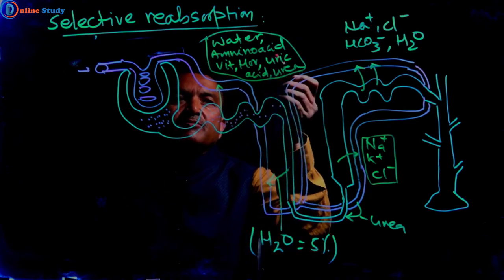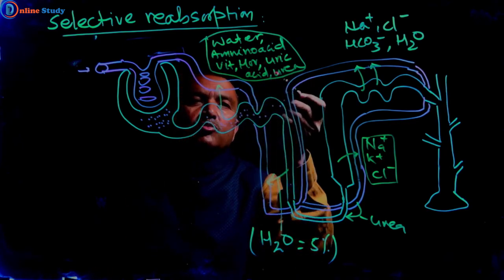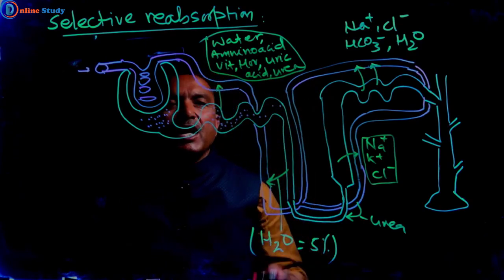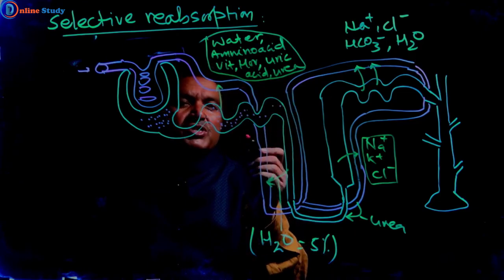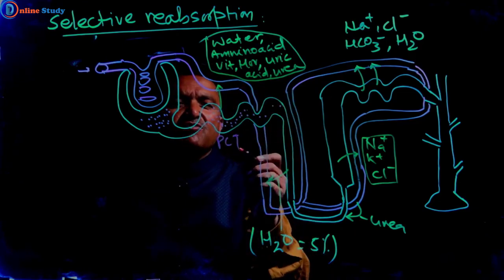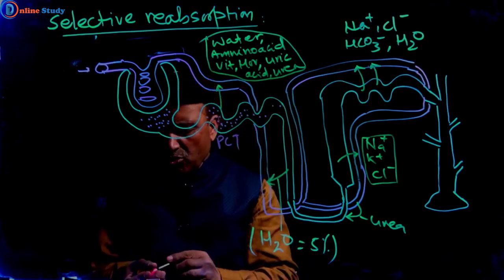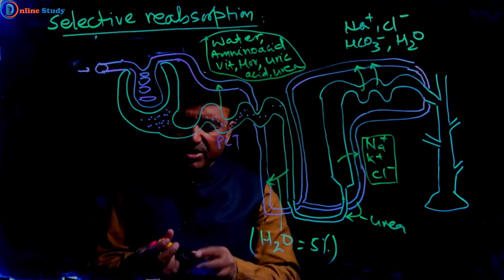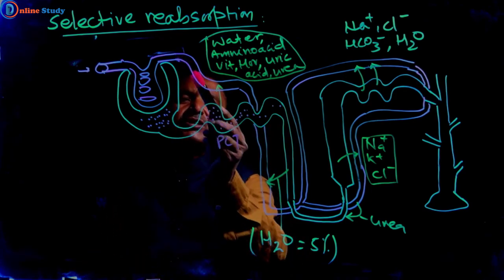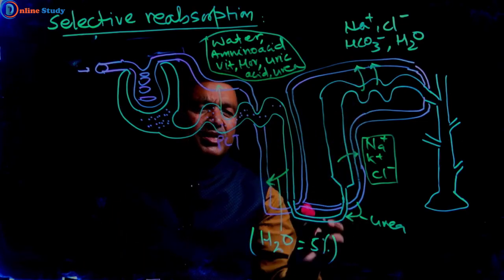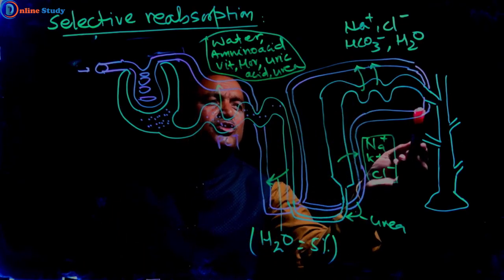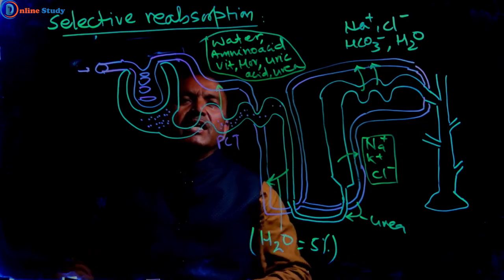They are water, amino acids, vitamins, hormones, uric acid, and urea. These substances are reabsorbed from the PCT and move to the peritubular capillaries. Capillaries around renal tubules are called peritubular capillaries.